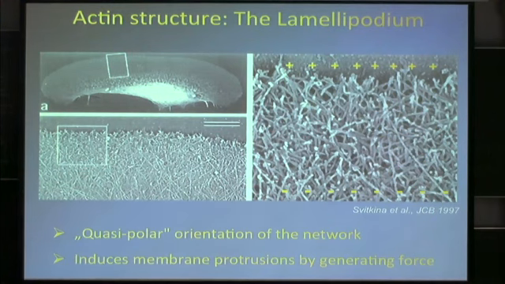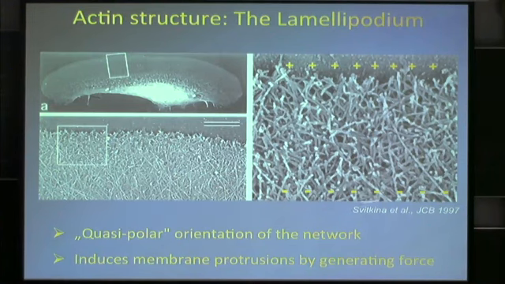I'm sure you heard about it last week. Who didn't? So this lamellipodium consists of an actin meshwork which is called quasi-polar. As you probably know, actin filaments, when they polymerize, have a growing end, the barbed end, which we call the plus end, and they have a pointed end where the polymerization starts.